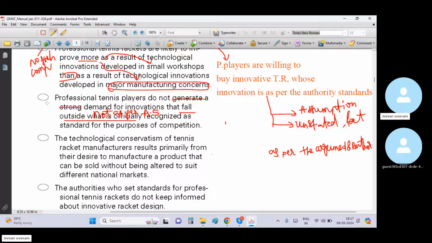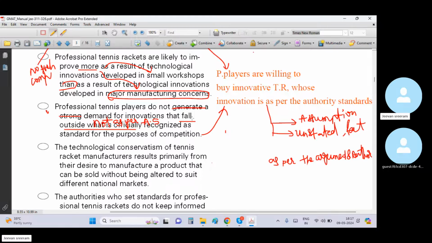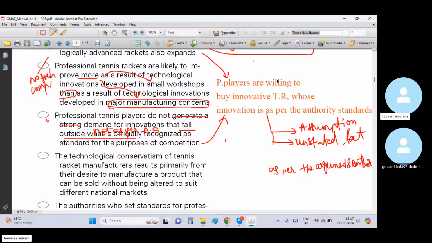So what do I have to do with this? This might be the option, because this is giving a similar sense. The right option would be just a paraphrased version of our predicted assumption. The assumption we have written is almost similar to option C. This could be the answer, right? But we have written willing to buy, and the answer has given they don't buy.